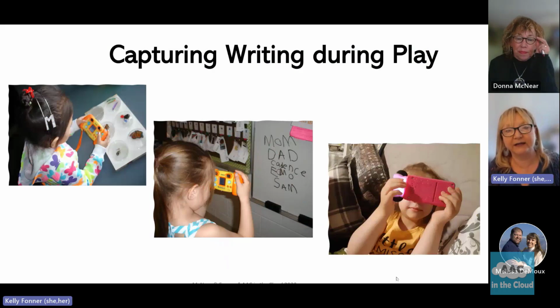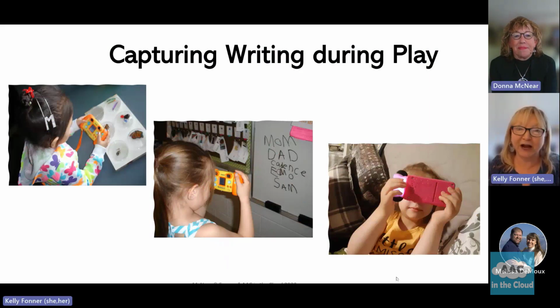And one of the ways that we can capture it electronically is to take pictures of it. So here are some examples with children with child-based cameras as well as pretend cameras, taking pictures within different play scenarios or writing activities that they've done. So I always think that's a nice way for kids to capture their work play.